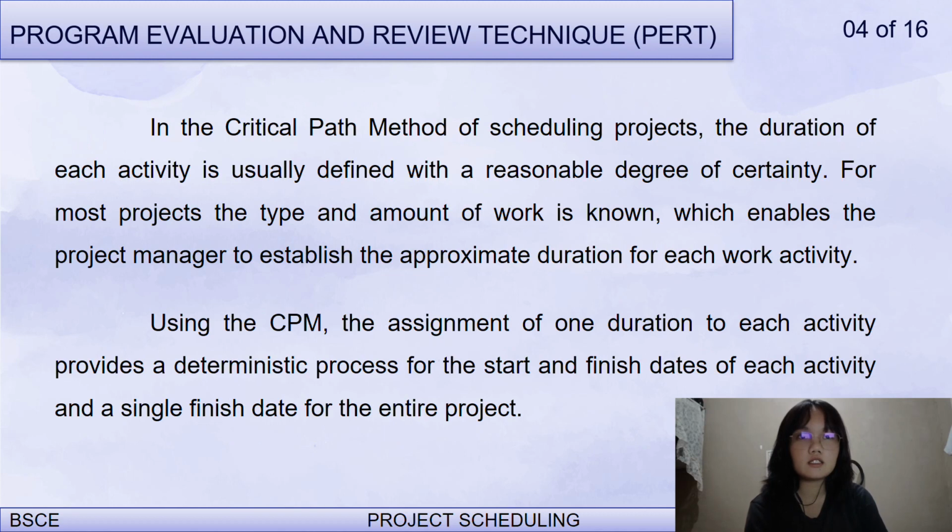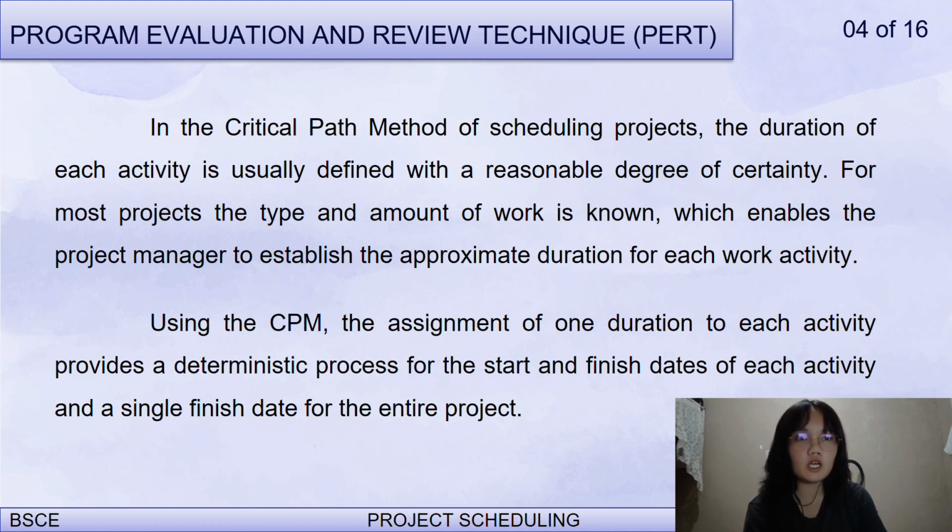Next is the Program Evaluation and Review Technique, or PERT. In the critical path method of scheduling projects, the duration of each activity is usually defined with a reasonable degree of certainty.